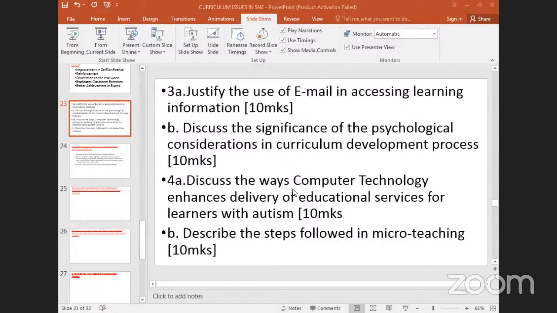So maybe we need to ask ourselves the first question. Behaviors of learners. What is autism? And then we look at the behaviors of the learners who are autistic. And then from there, we can now answer the question. So what is autism?